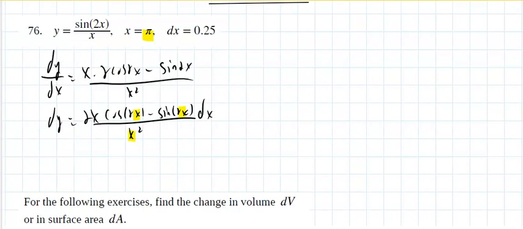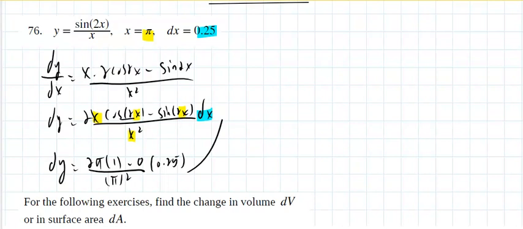And if I really want to figure out what this is, evaluated at pi, dx, I'll get dy to be, oh, I forgot the pi right there. That will be 2 pi cosine of 2 pi, which is 1, minus sine of 2 pi, which is 0, divided by pi squared, times 0.25.